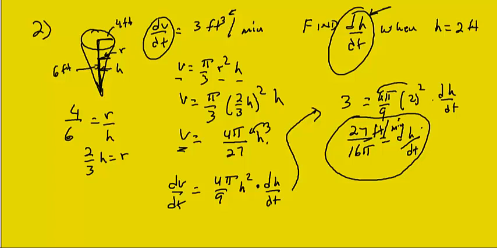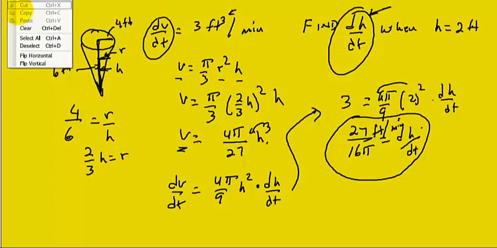Right, moving on to number 3. Water is poured into another conical reservoir. Shape of a cone. And this 4 pi, again, the same thing.